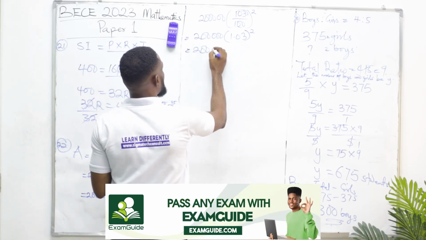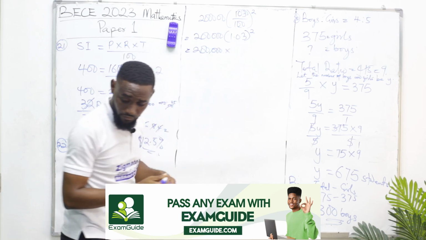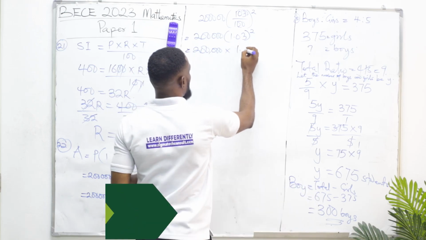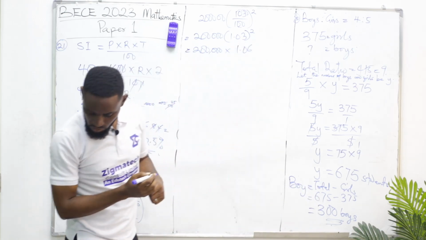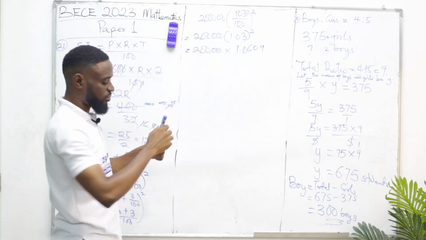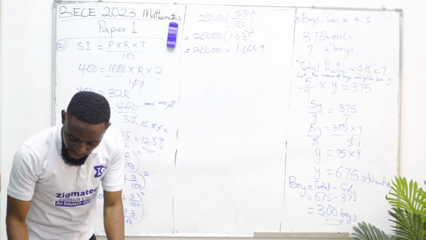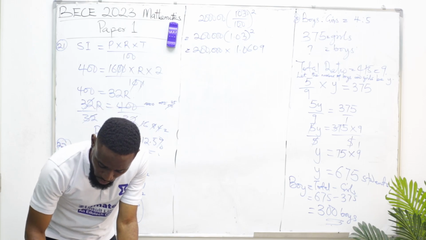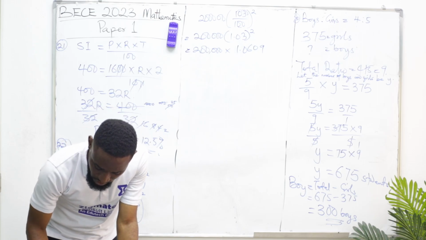So it gives us 200,000 times 1.0609. So we will multiply it by 200,000. That is why I said they will allow you to use a calculator in some of these questions.